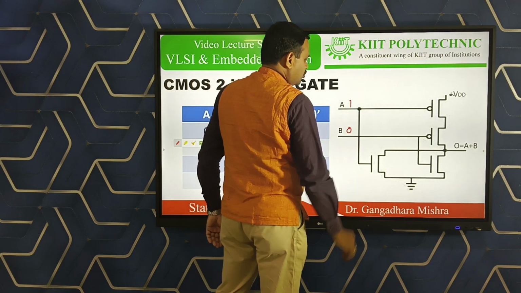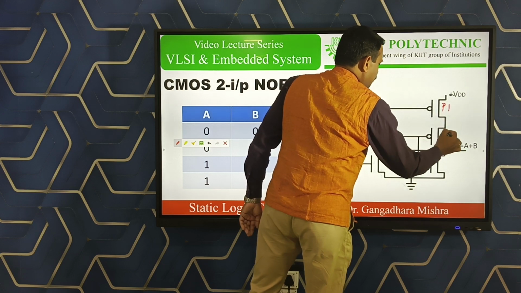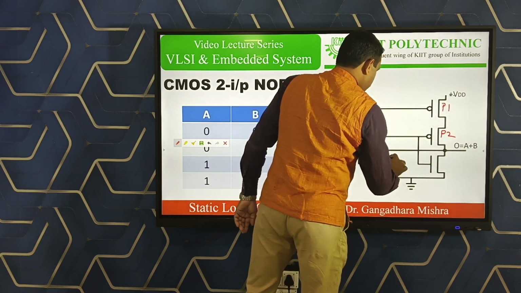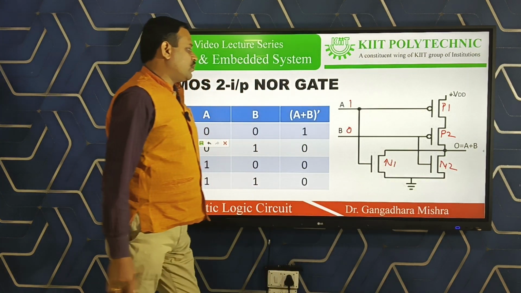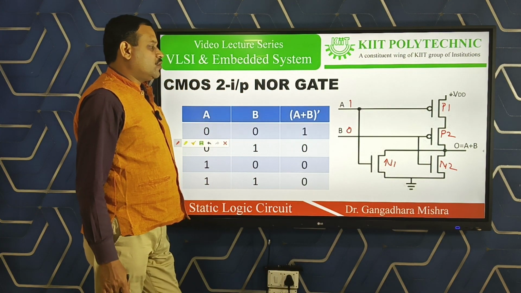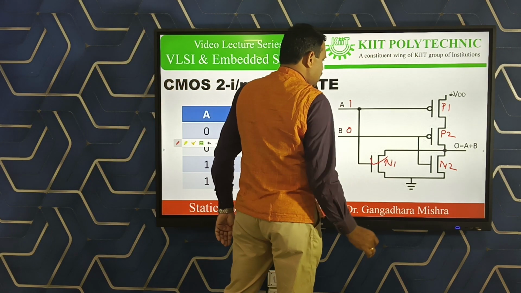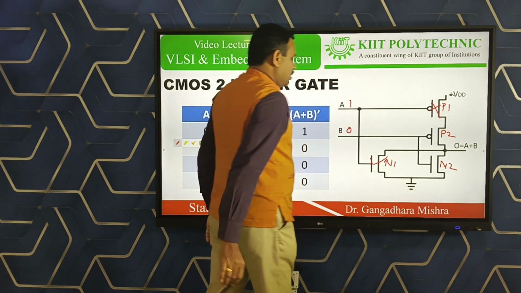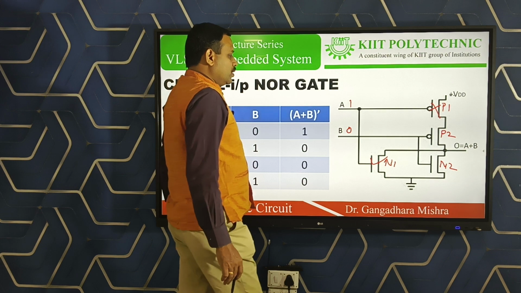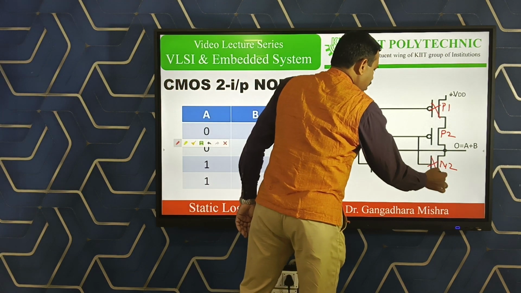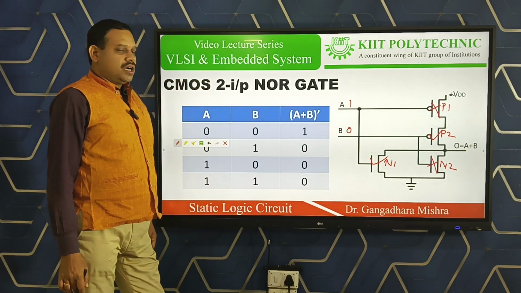Now, the third operating condition, that is A is equal to 1, B is equal to 0. Let's name the transistors once again: P1, P2, N1 and N2. When A is equal to 1 being fed to P1 and N1, N1 will be driven to conduction, P1 to cutoff, and as B is 0, which is being fed to P2 and N2, N2 will be in the cutoff state and P2 will be driven to the conduction state.